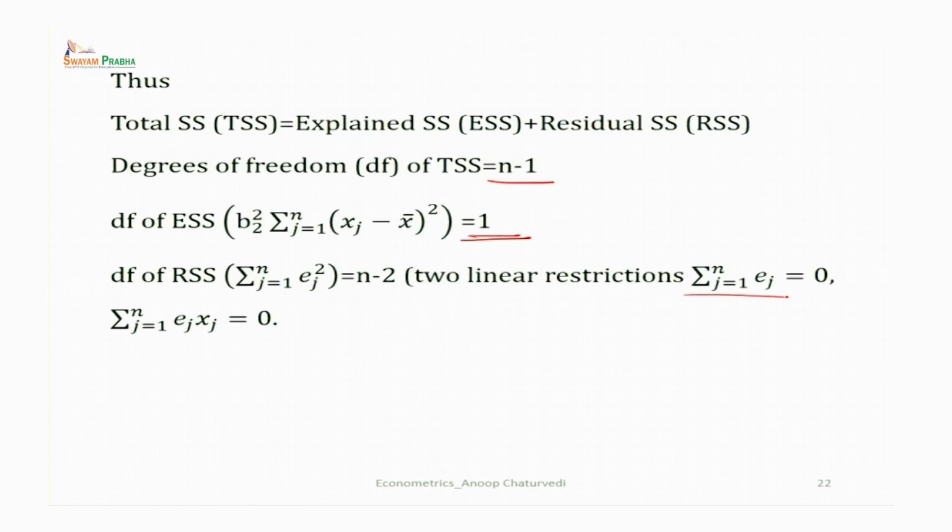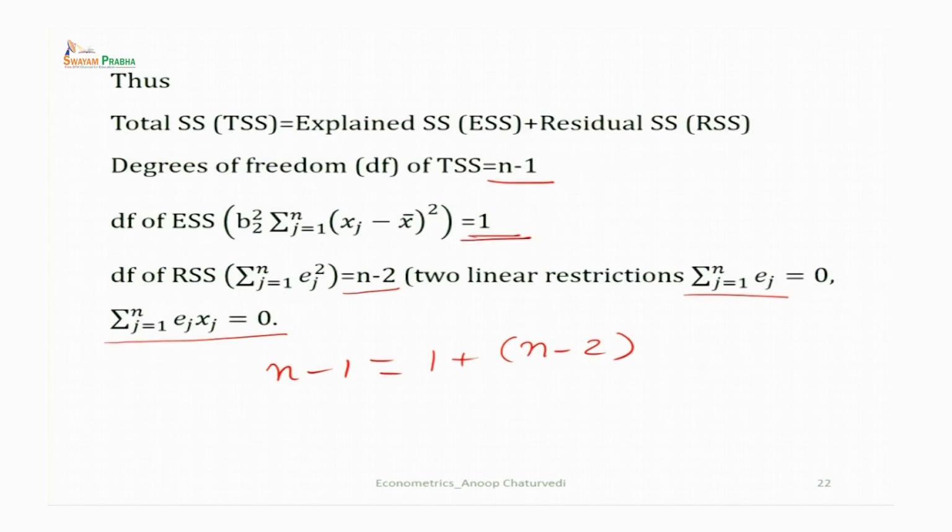First is summation e j is equal to 0, second is summation e j x j is equal to 0. So, the degrees of freedom reduce by 2 and you get n minus 2 here. So, n minus 1 is equal to 1 plus n minus 2. Degrees of freedom are also additive, just like the sum of squares.